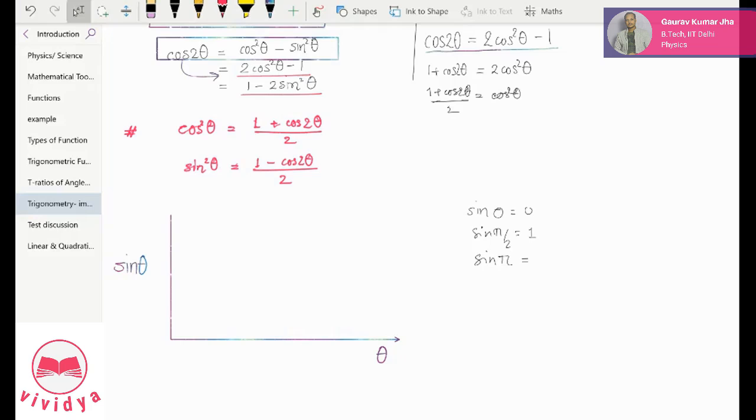Okay, sine pi is actually 0. Sine 0 is 0, sine pi is also 0. Correct. So some ideas you already have about some values when it comes to thinking about this graph.